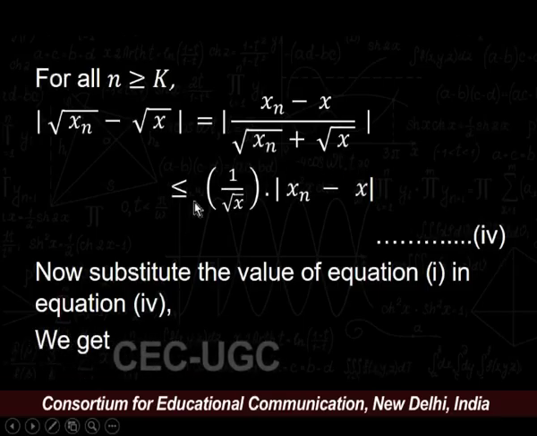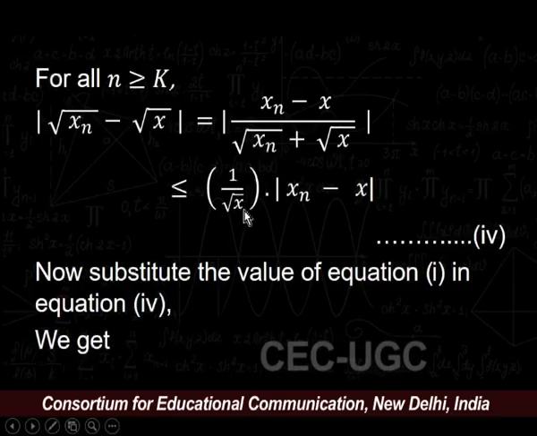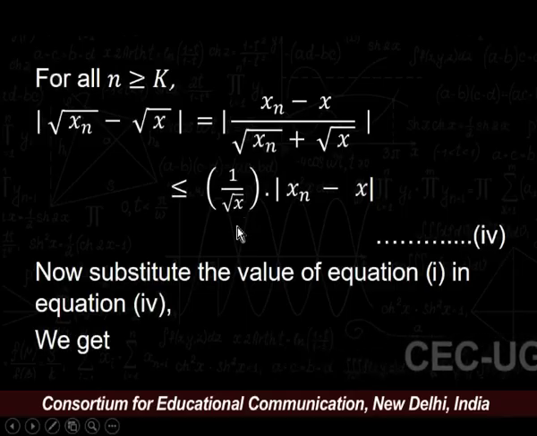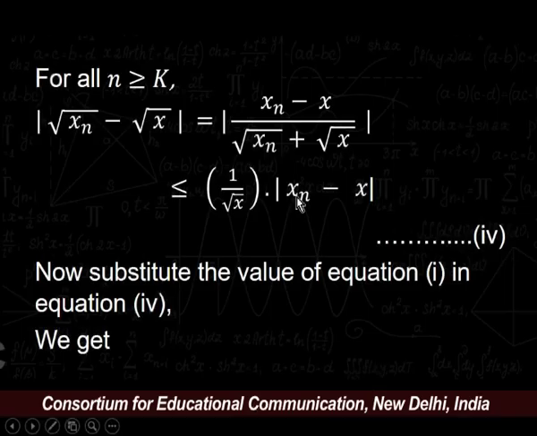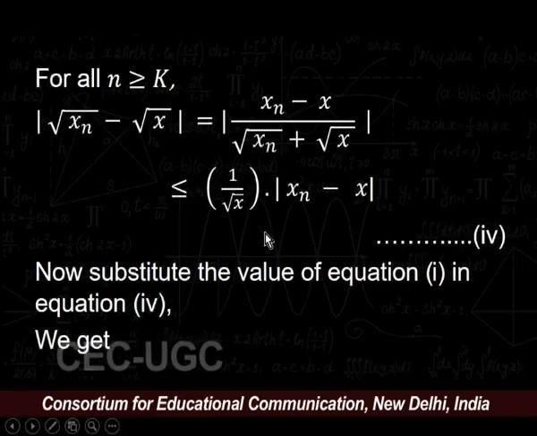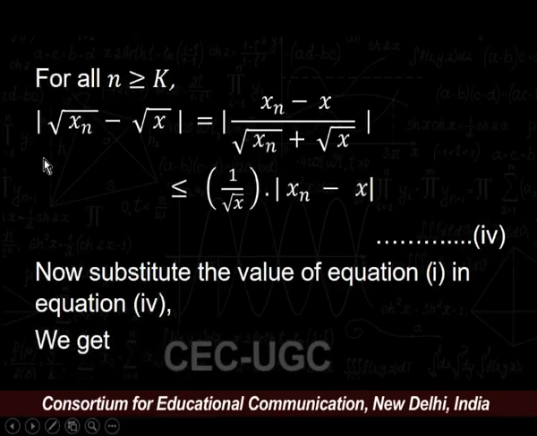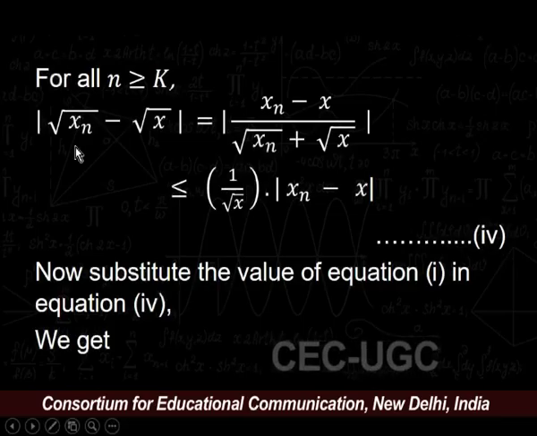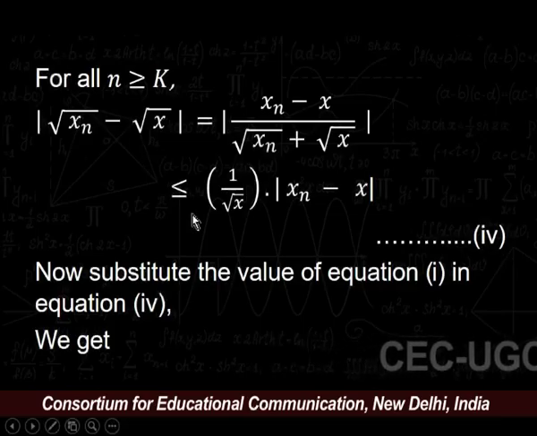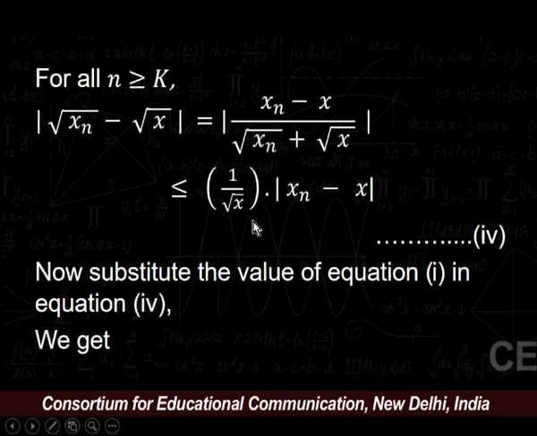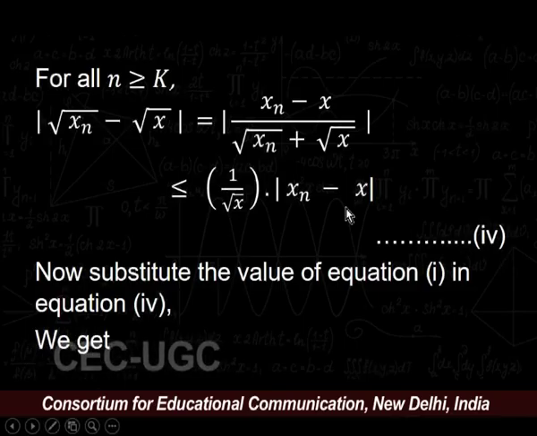This term is less than or equal to 1 upon square root of x, from equation number 3, times modulus of xn minus x. Say this is our equation number 4. Equation number 4 is modulus of square root of xn minus square root of x is less than or equal to 1 upon square root of x times modulus of xn minus x.